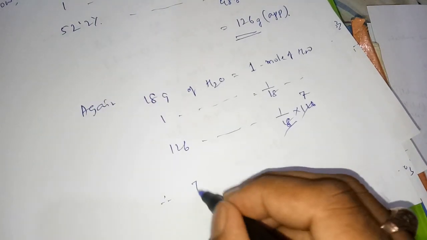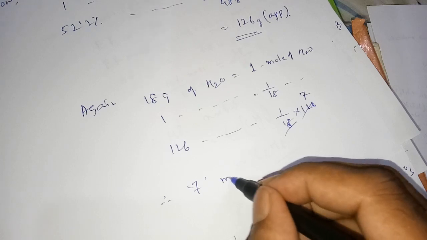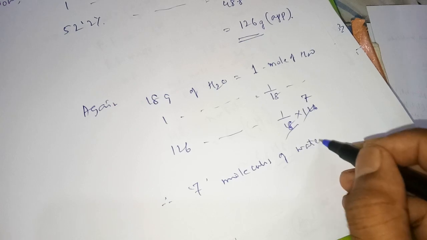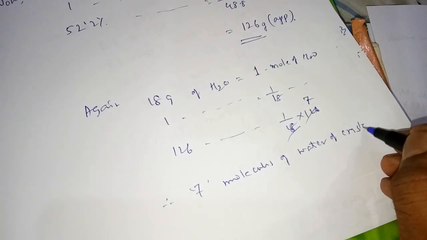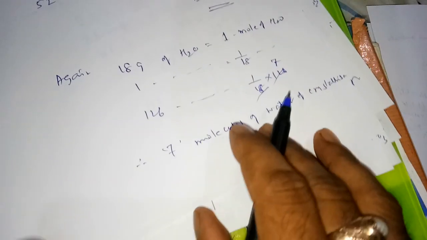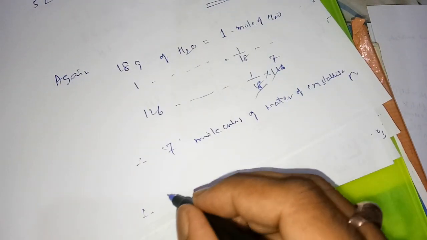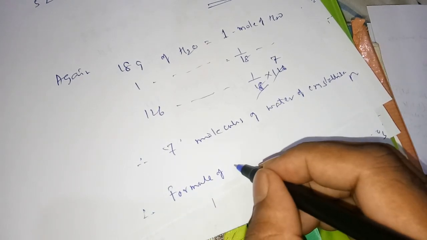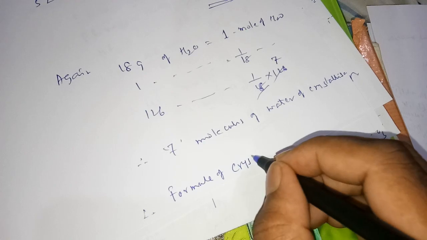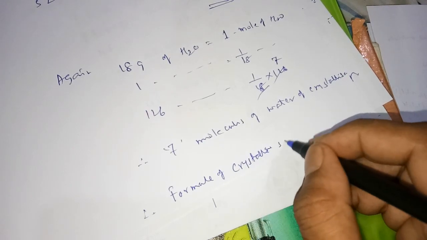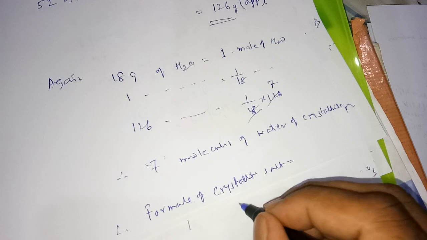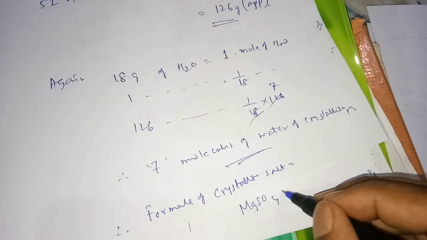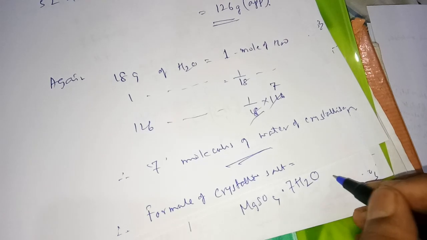So you have 7 molecules of water of crystallization. Therefore the formula of the crystalline salt is equal to MgSO4, and how many molecules of water? 7 molecules of water, dot 7 H2O.